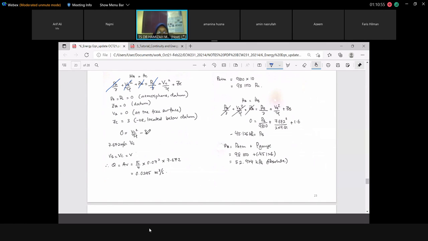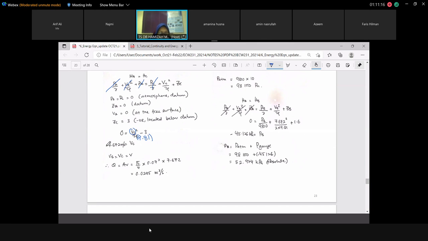Okay, so this VC is unknown. This one is 2 times 9.81. Okay, so we bring the 3 here, so we can find VC. Okay, VC is the square root of 2 g times 3, and then we get the value 7.672.